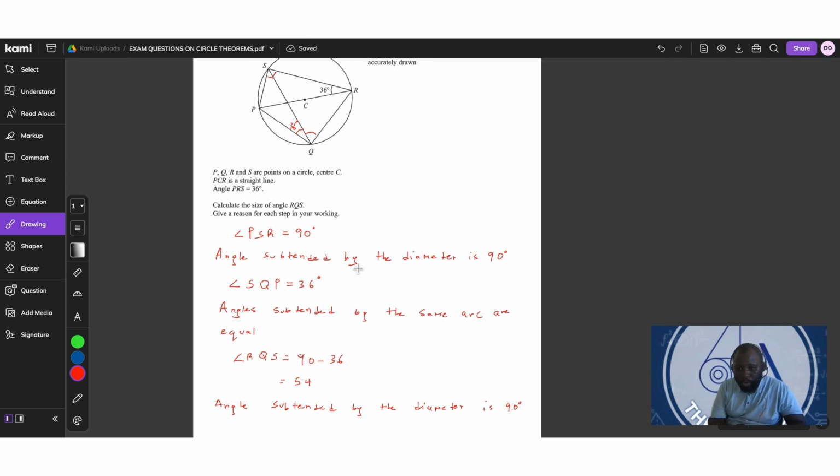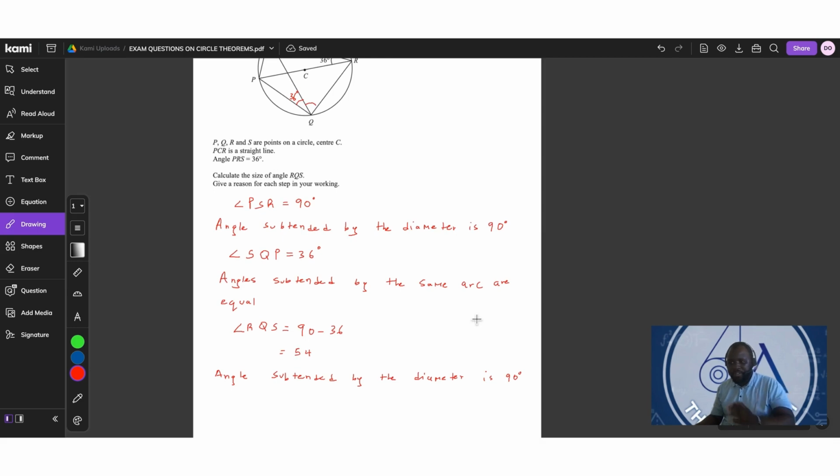The thing about circle theorems is the theorem will always work no matter the path you choose to follow. So in this case, we've decided let's follow this path. I always say in math, if you have two paths to follow, then follow the easiest, shortest path. That's what you do. Don't follow the longer one. So let's get on to the next question.